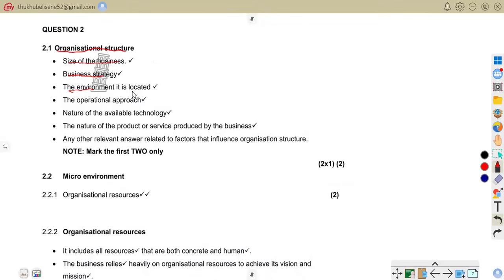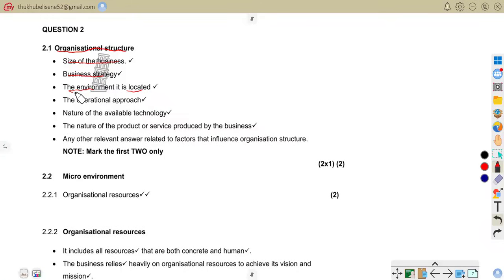Now we have the environment it is located. The environment the business is located in also determines the organizational structure.